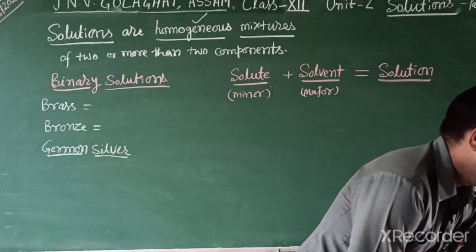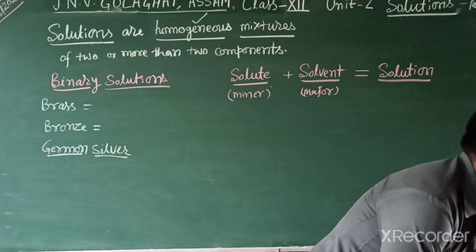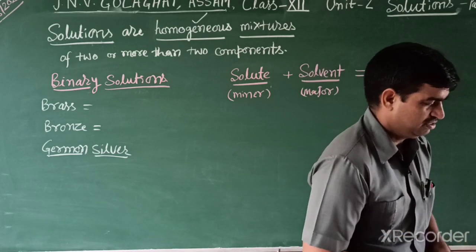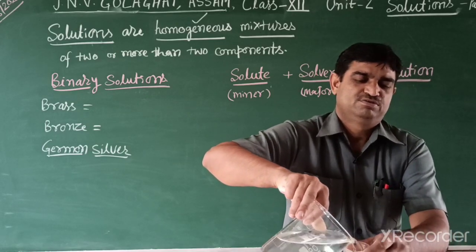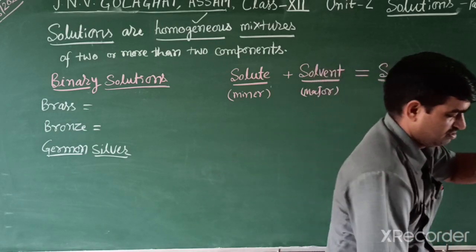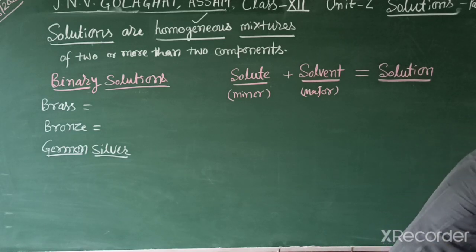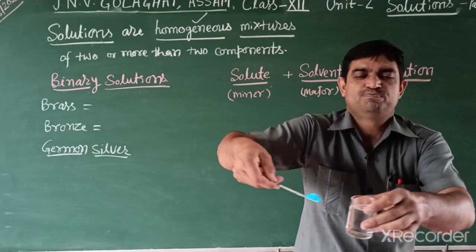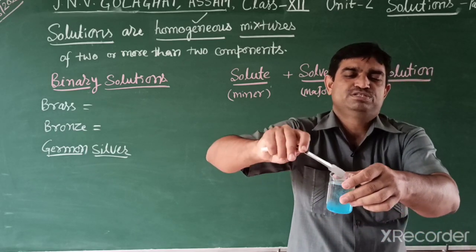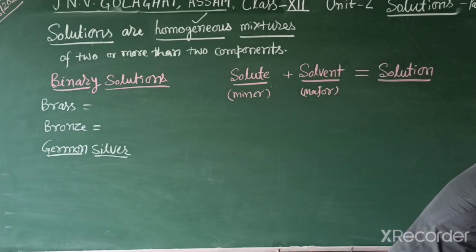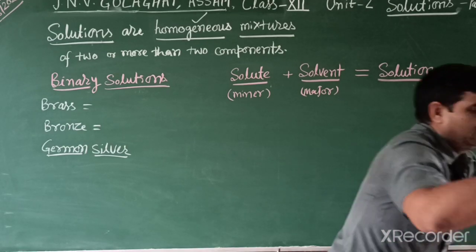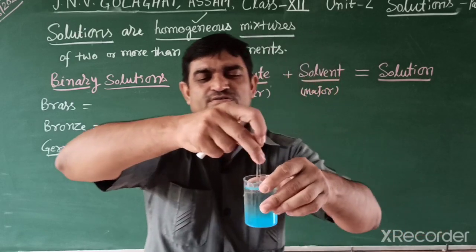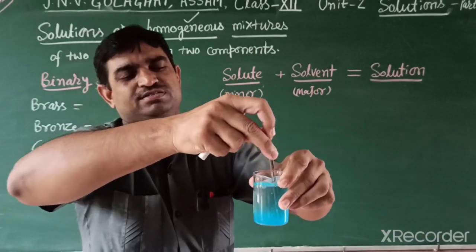We can explain solution with another chemical, taking copper sulfate in water. You already know copper sulfate is a blue colored salt. I put it in this beaker and then dissolve it with a glass rod. What are you observing, students?